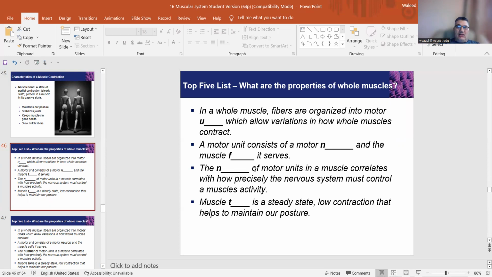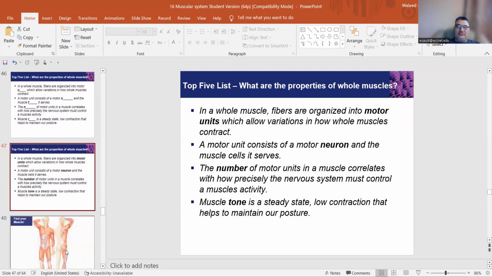The number of motor units in a muscle correlates with how precisely the nervous system must control it. How do you control it? By controlling the number of motor units. You should remember that. What is a steady state, low contraction to help maintain our posture? It is obviously the muscle tone.